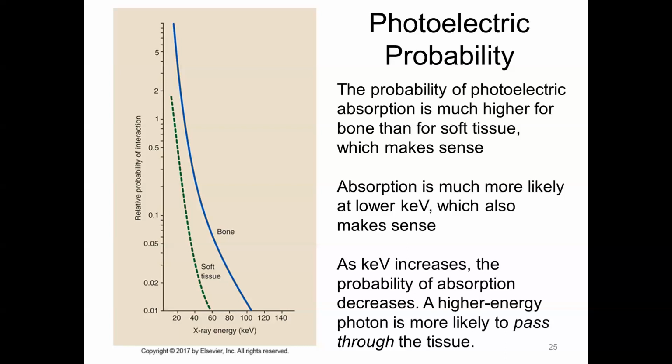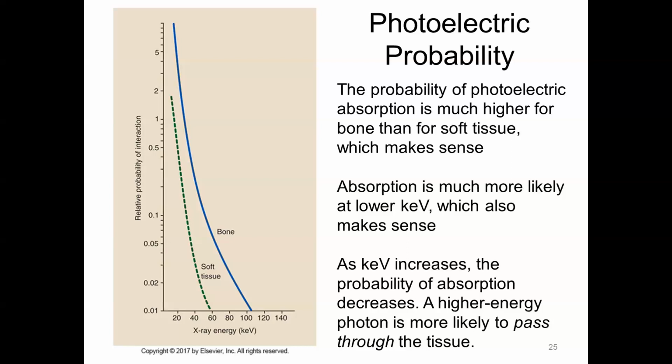On the y-axis, it's relative probability of interaction, and it's in a kind of logarithmic scale that we're not going to get into. But in general, the closer that y-axis is to 0 means less odds.